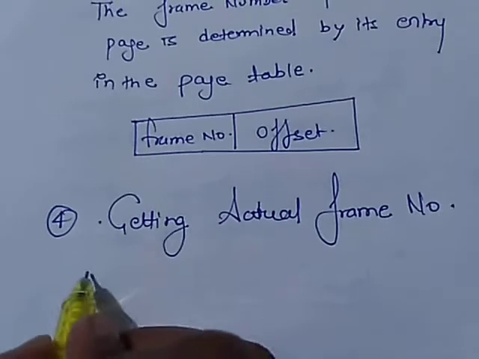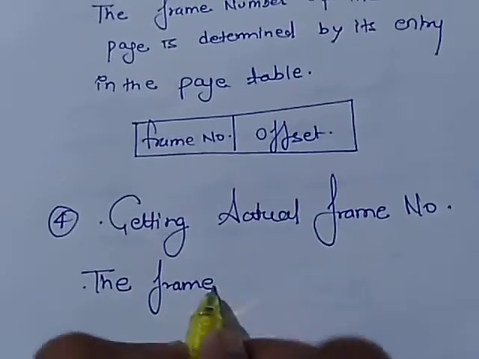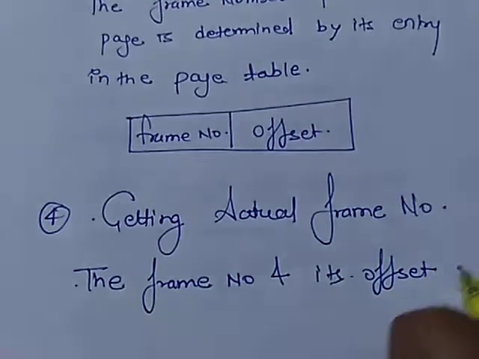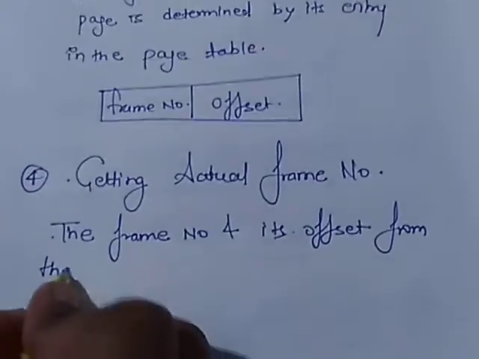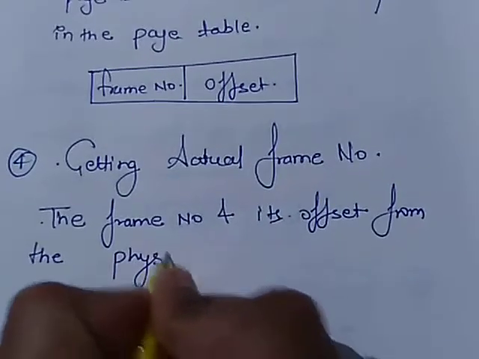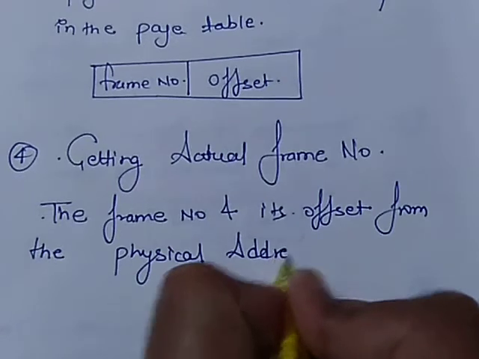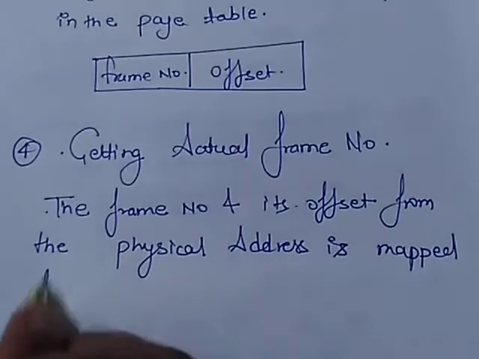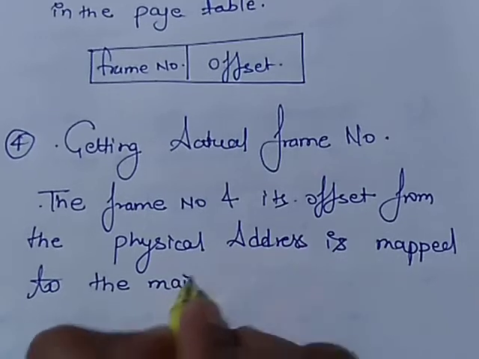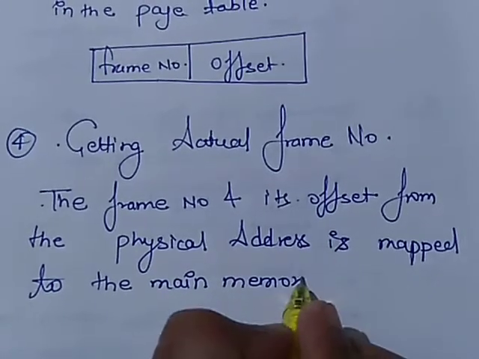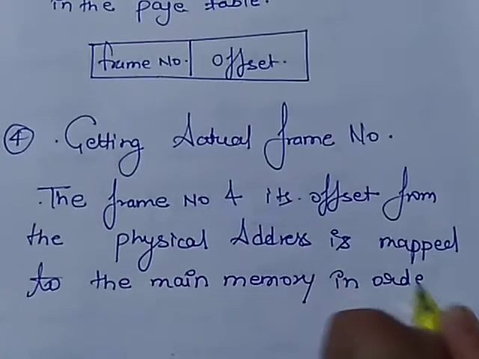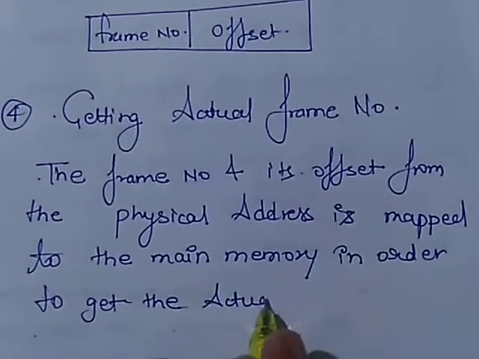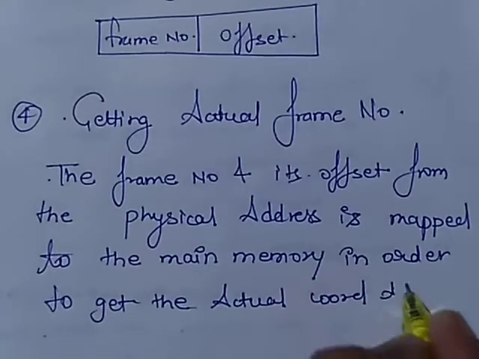In this, the frame number and its offset from the physical address is mapped to the main memory in order to get the actual word address.